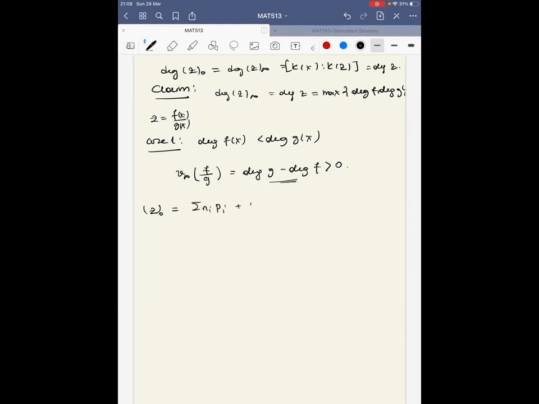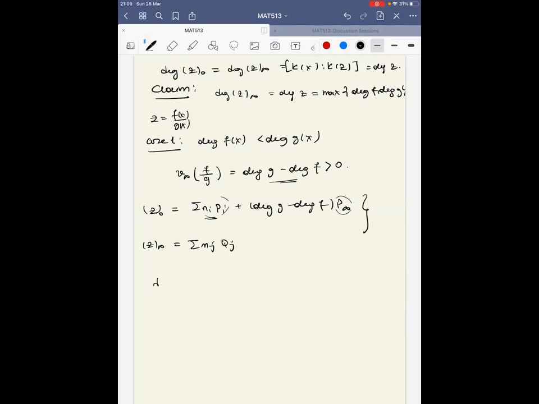In other words, the zero divisor of z is equal to the summation of the p_i's and some multiple of P infinity, and the pole divisor in this case will be the sum of m_j q_j.